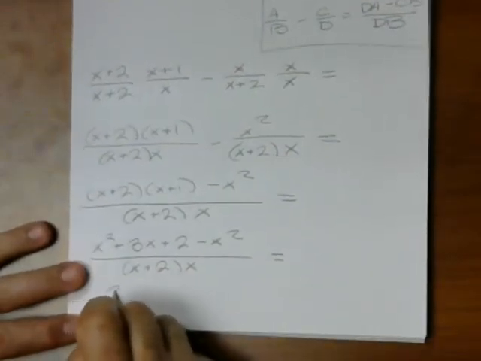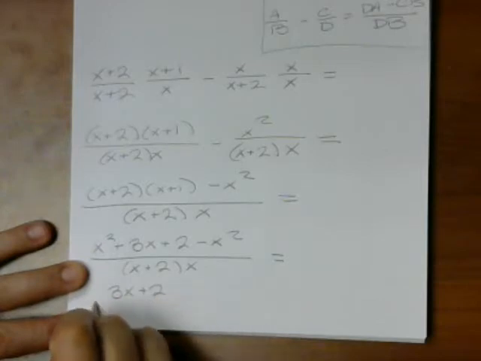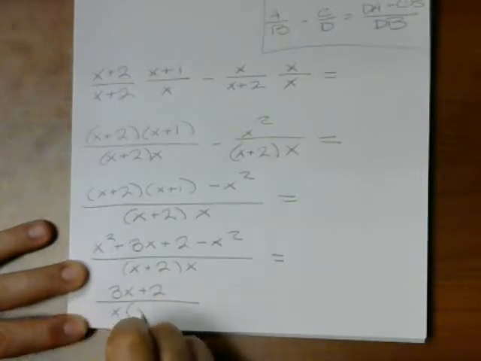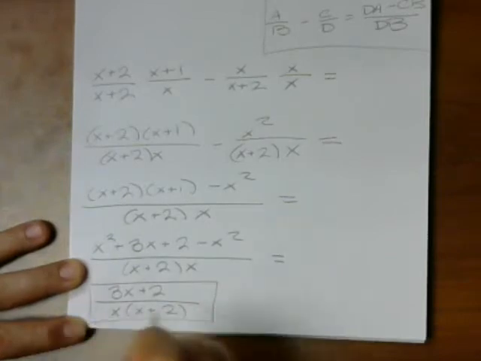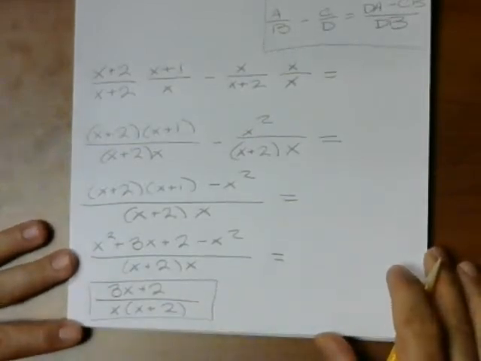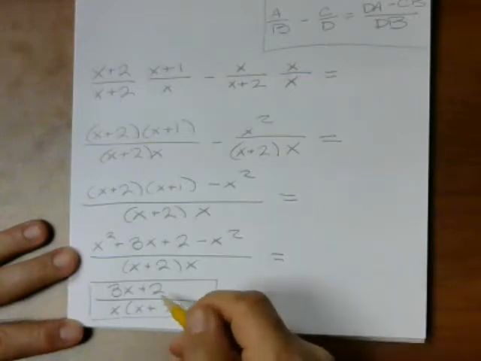This will give me 3x plus 2 divided by x times x plus 2. And now I have things in a very simplified form.